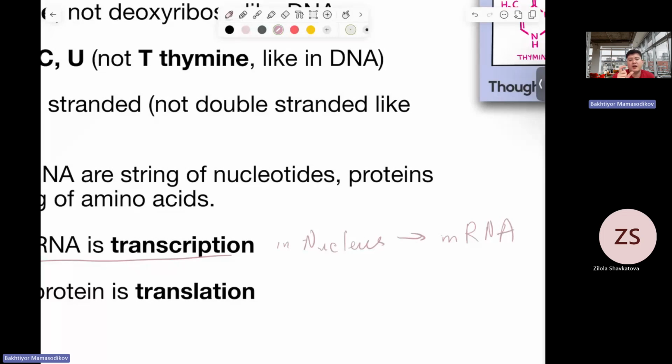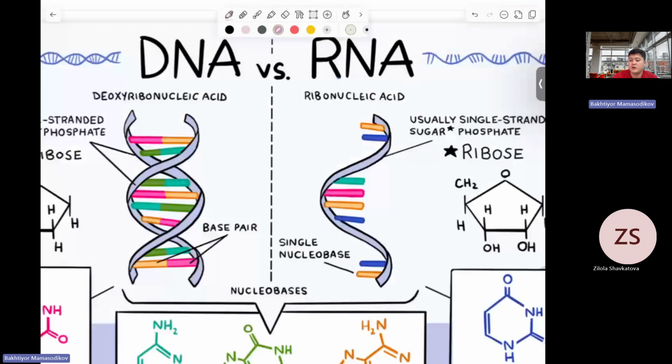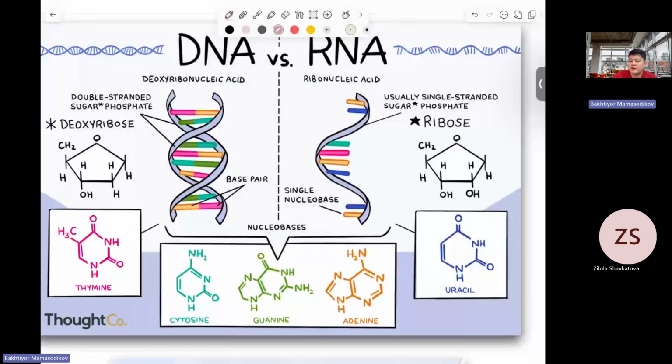Messenger RNA is single-stranded. It's not double-stranded. Let's look at the RNA. This is a DNA molecule, and as you can see here, this is the RNA molecule. The difference is this is one strand and this is two strands. In DNA, you have thymine, cytosine, guanine, and adenine.